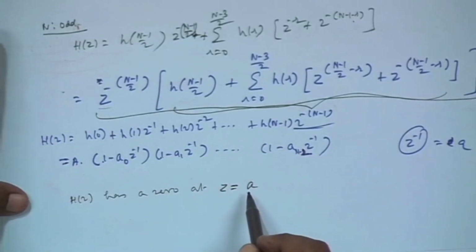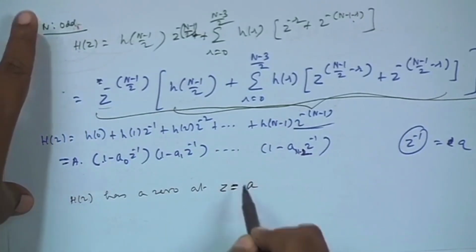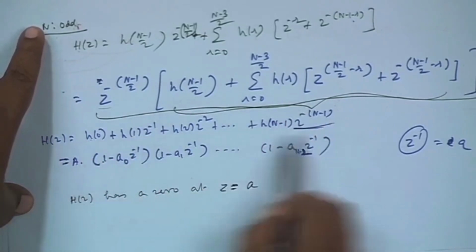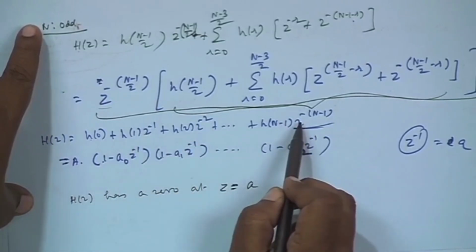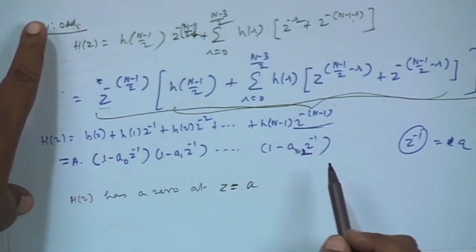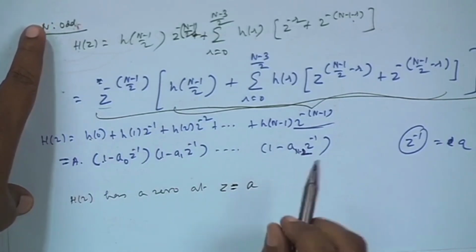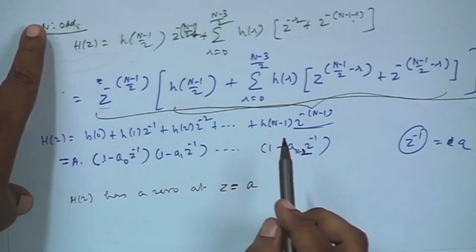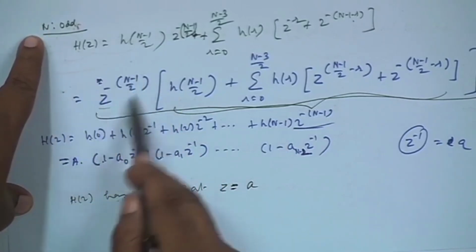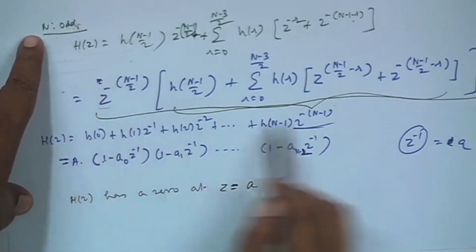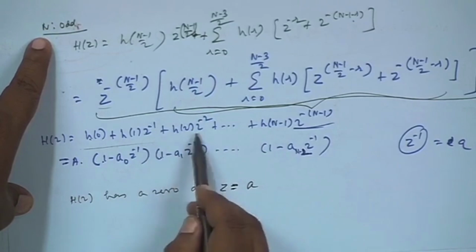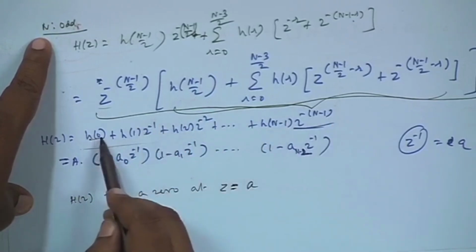We are not considering a equal to infinity, because if a 0 is not 0, this general z transform, even if you put z equal to infinity, this part goes to 0, but h 0 remains. That is the reason we cannot have z equal to infinity here, as this factor will become 0 at z equal to infinity, but the overall thing will not be 0, because after all this is nothing but this, and here if you put z equal to infinity, this part goes to 0, but this remains. Okay.